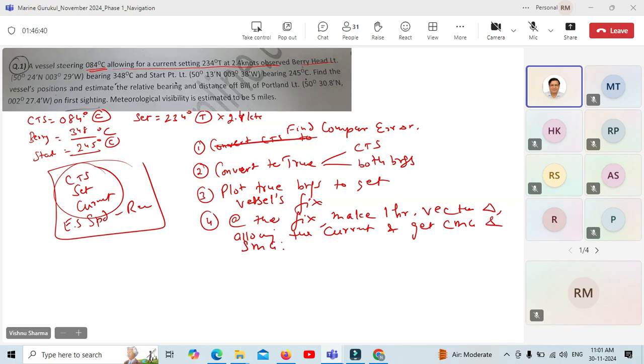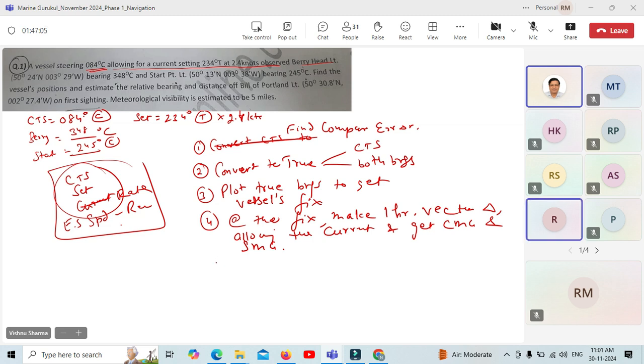At that place, you can make the vector triangle. You have four elements: CTS, set, rate, and engine speed. Correct, guys? You can allow for current and get the vector triangle. Now, the vessel will be on this position line, the CMG line. Why? Because it is passing through the fix. So now, what will you do next?